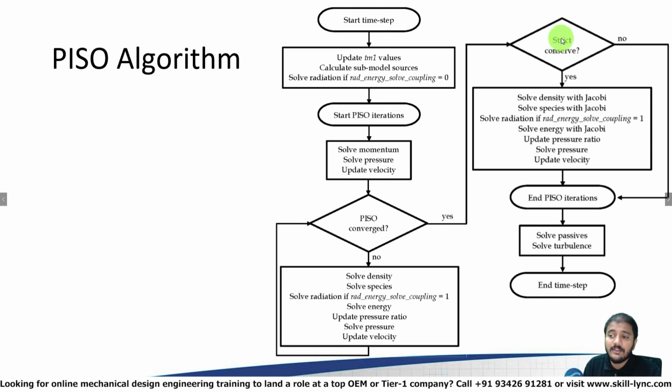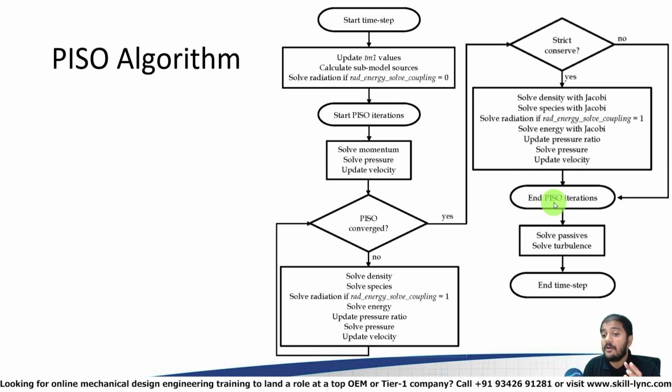So here you're solving for density, your species equation, the energy equation, again updating the pressure ratio, solving for pressure, and updating the velocity. Right after this PISO and right after strict conserve, you have the second corrector, right? That is the difference between PISO and simple. In simple, you don't have those additional correctors. All right. So once you do this, that is an end of a single PISO loop. Now you can repeat the PISO loop a couple of times within a given time step.